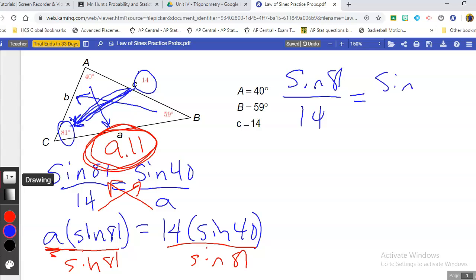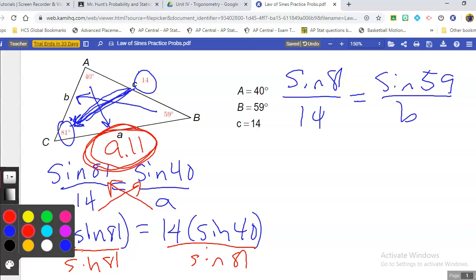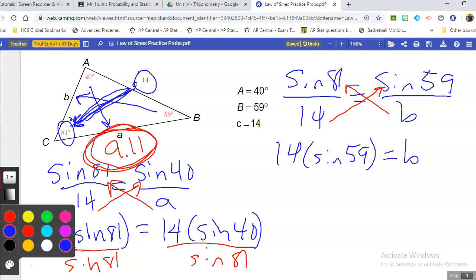And again, we're going to cross multiply like we've been doing. B times sine of 81 and 14 times sine of 59. And that will give us our equation. 14 sine of 59 is equal to B times the sine of 81.